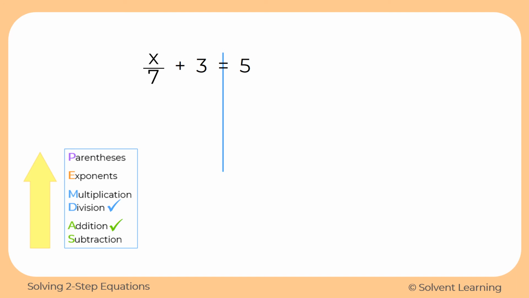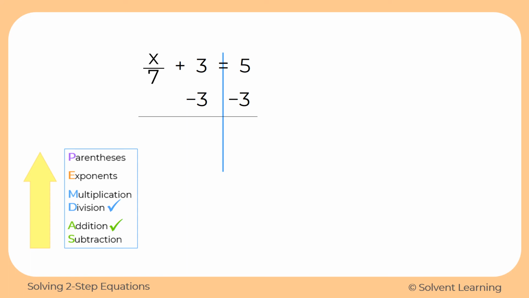If I follow my order of operations in reverse, it tells me that the addition is going to get undone first, and then we'll undo our division. So to undo the plus 3, we will subtract 3. Do the same thing on both sides of the equation, and now we simplify to see what we're left with.